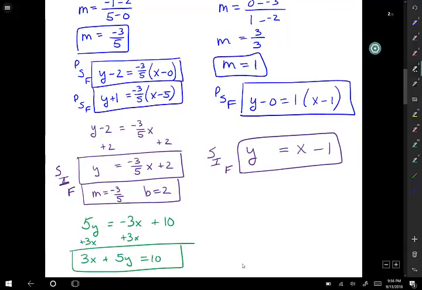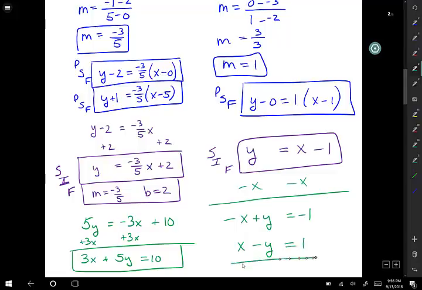I think it's really straightforward. We're going to subtract x from both sides, giving me negative x plus y equals negative 1. Maybe I'll multiply everything by negative 1. X minus y equals positive 1. And so there in green is our standard form in both parts at the bottom.